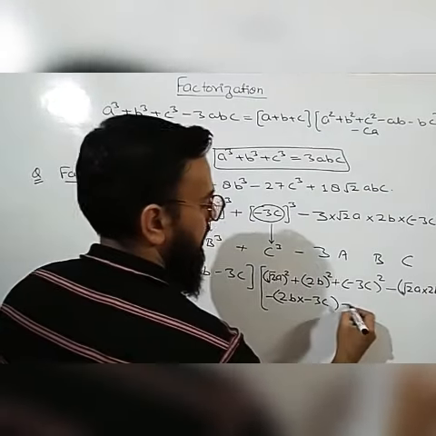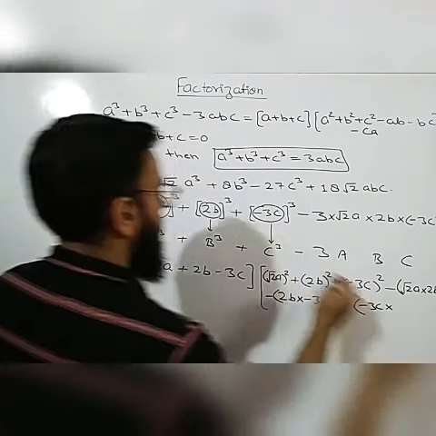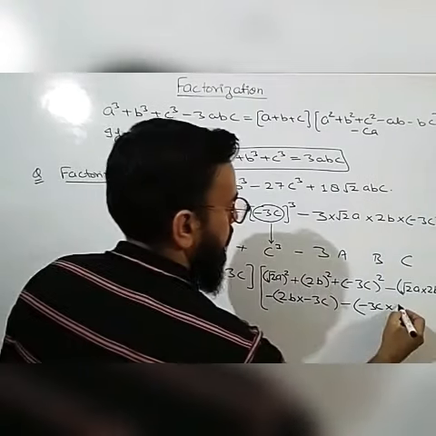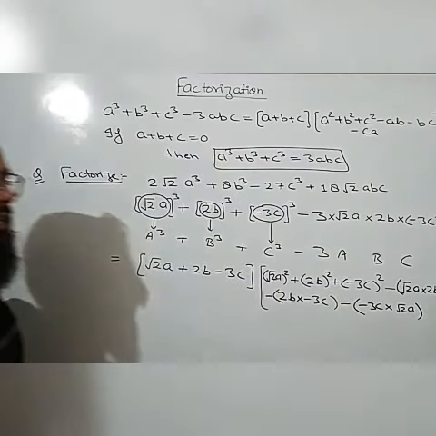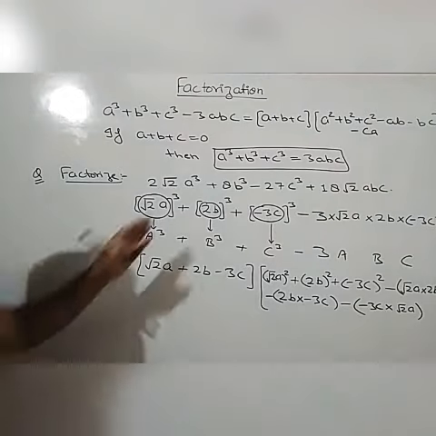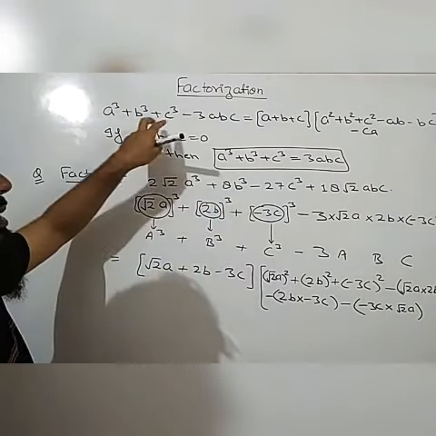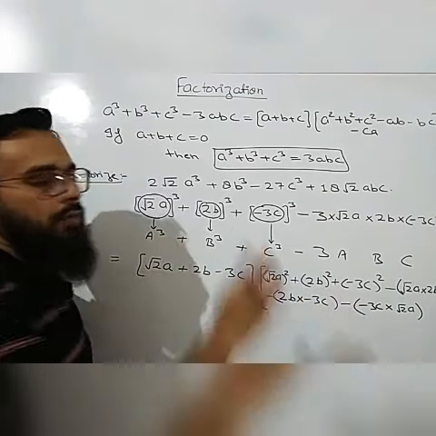Then minus ca. Minus, the value of c is minus 3c into the value of a, which is root 2a. And closing the bracket. So in this way, we have converted the given expression in terms of the identity, and then we have put the value of all the terms.